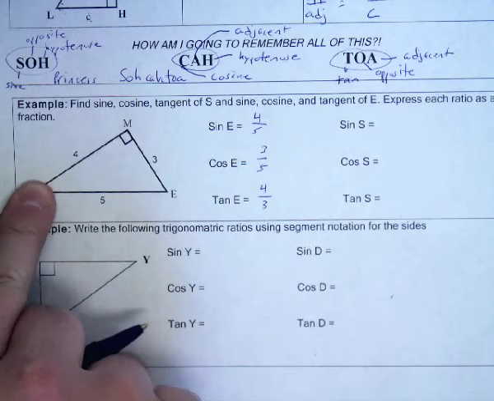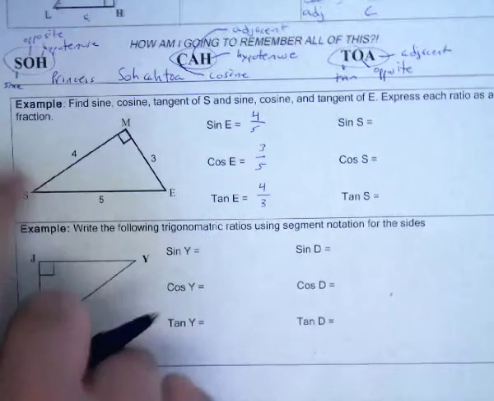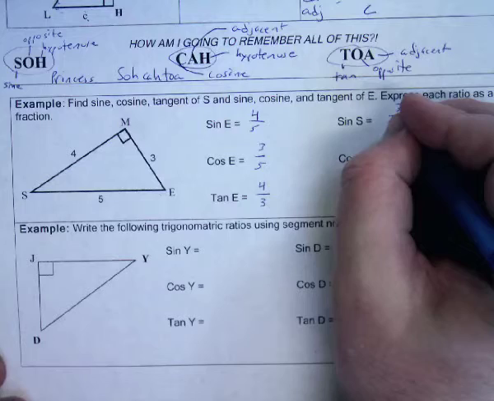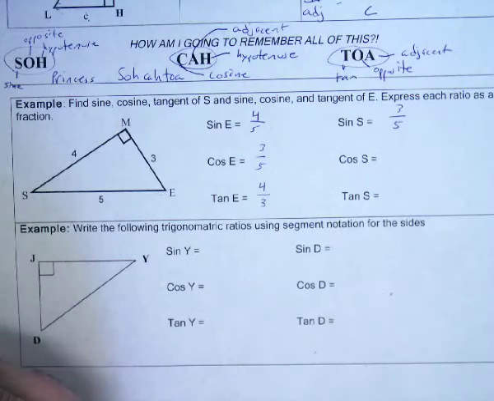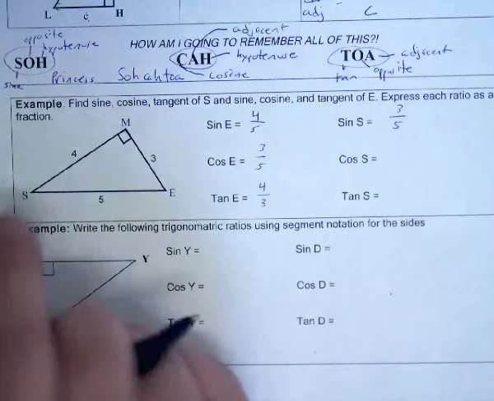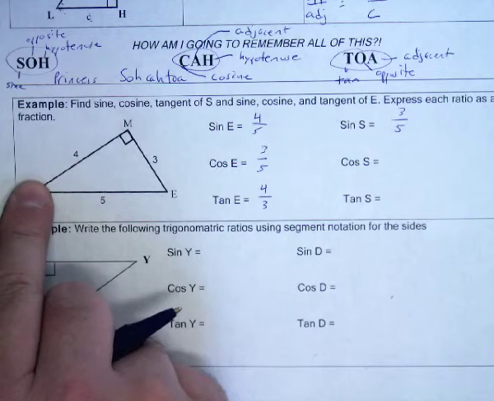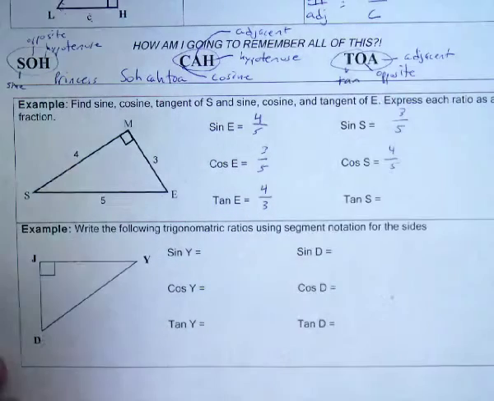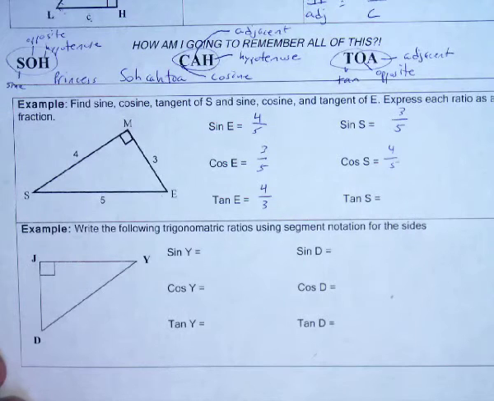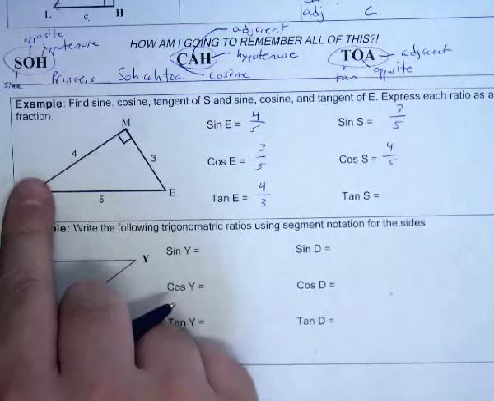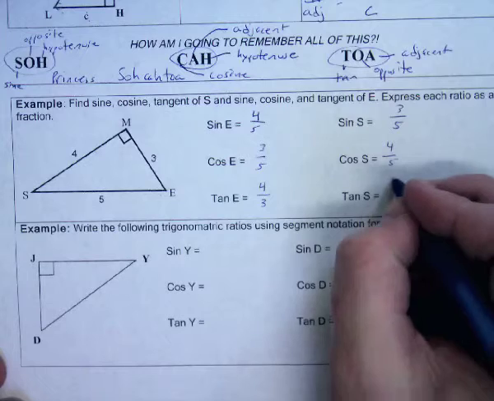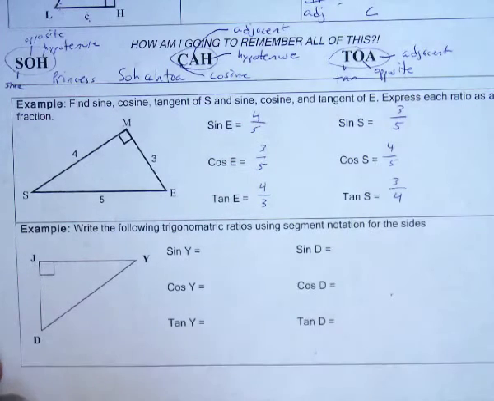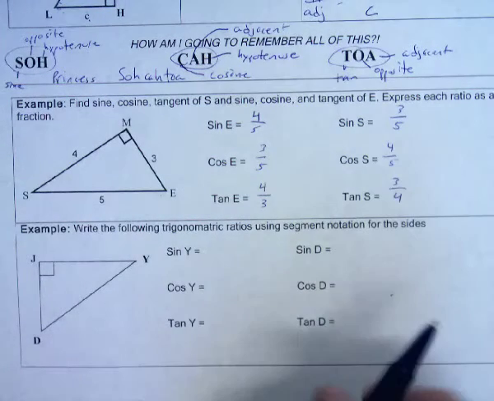So if I have S, opposite S is 3, and the hypotenuse is still 5. For cosine of S, the adjacent is 4, and the hypotenuse is 5. And for tangent, the opposite is 3, and the adjacent is 4. So it'll be 3 over 4, just like that.